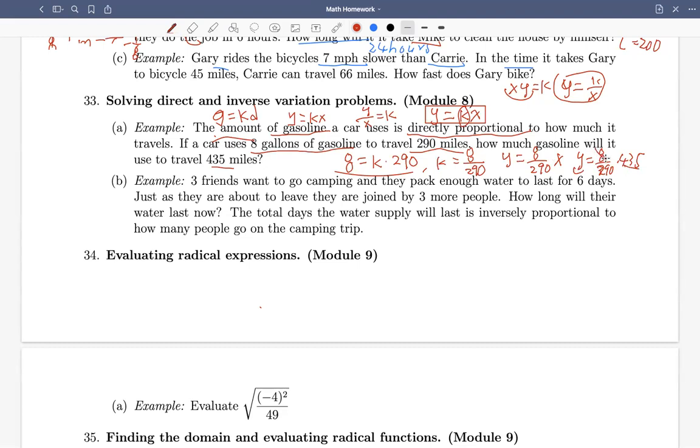First, 8 is an even number and 290 is an even number, so we can divide both by 2. Divide 8 by 2, we get 4. Divide 290 by 2, we get 145. Okay, then 145 can be divided by 5, and 435 can be divided by 5. And if you don't want to do this, of course, you can use your calculator, all right?